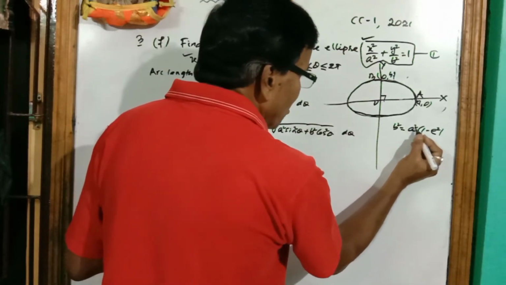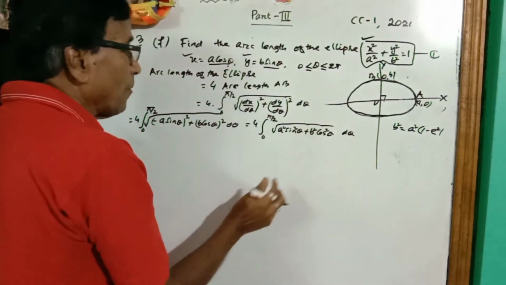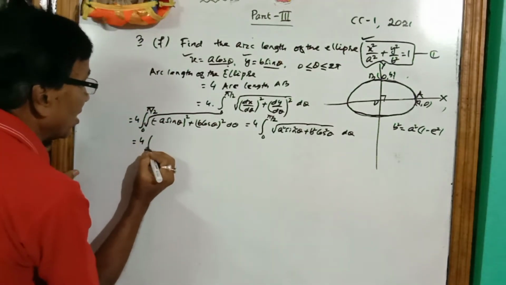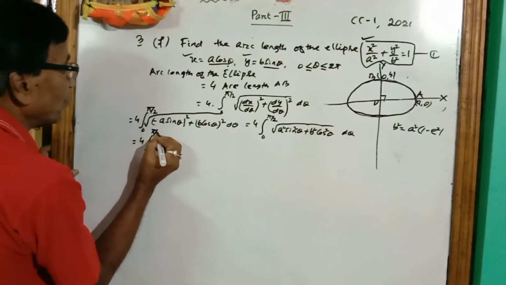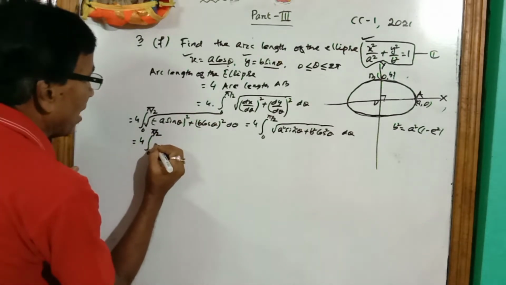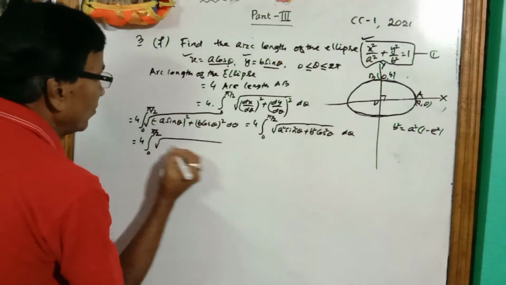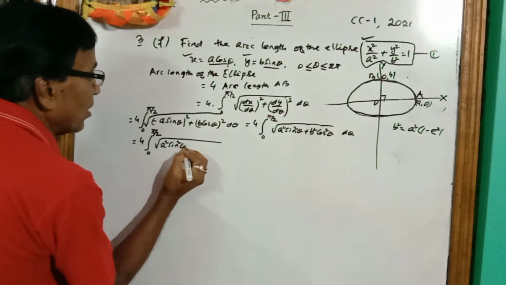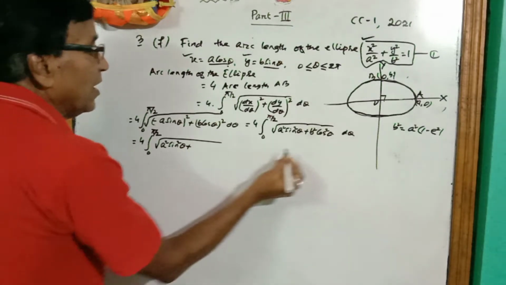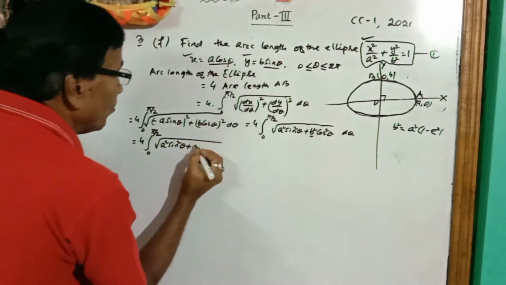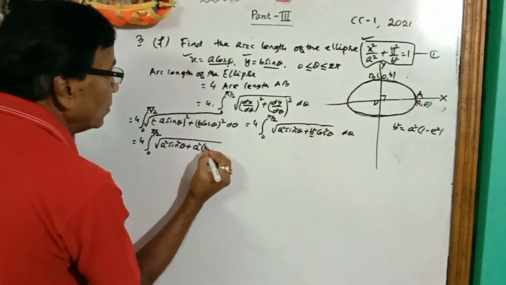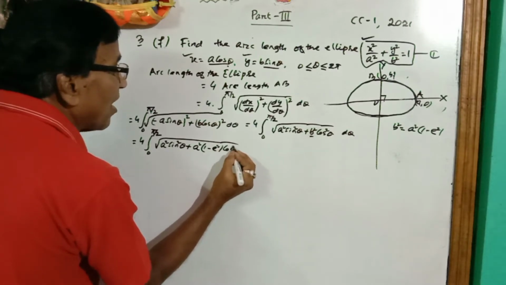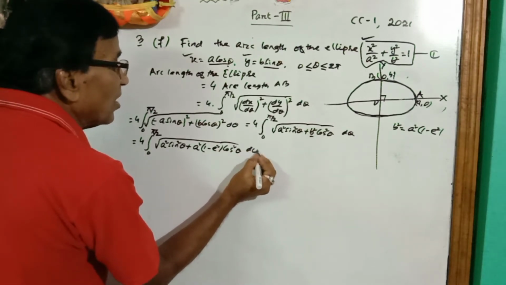So on substituting the value of b squared here, it will be equal to 4 into integration 0 to pi by 2 of the square root of a squared sin squared theta plus, in place of b squared, a squared into (1 minus e squared), whole into cos squared theta, with respect to theta.